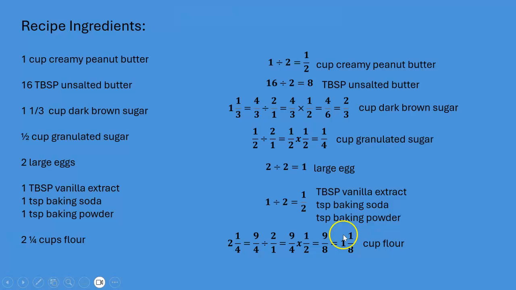So we need 1 1/8 cup of flour for a half a recipe, and we're positive that we have that much.